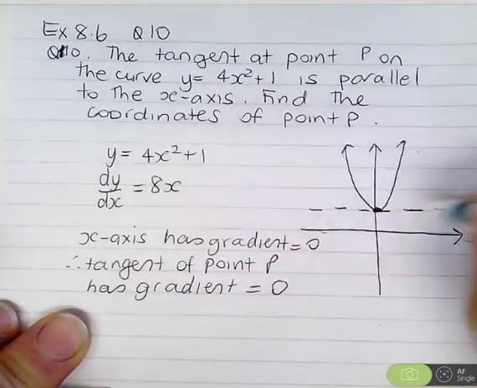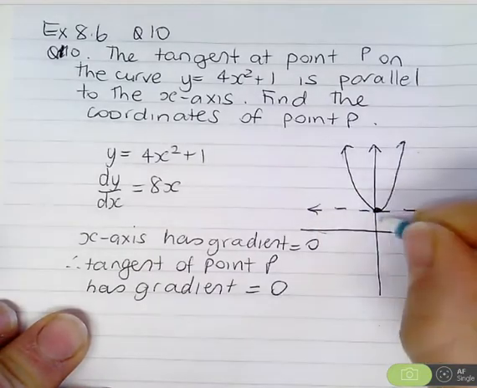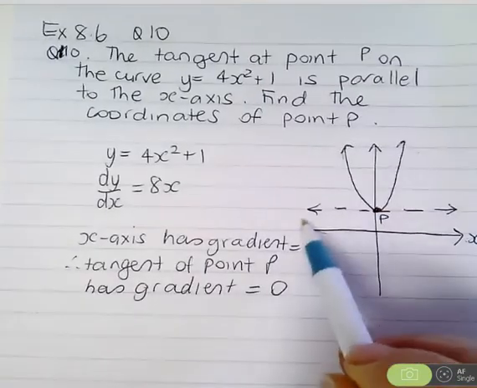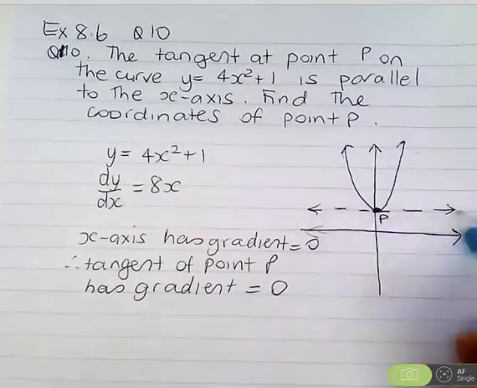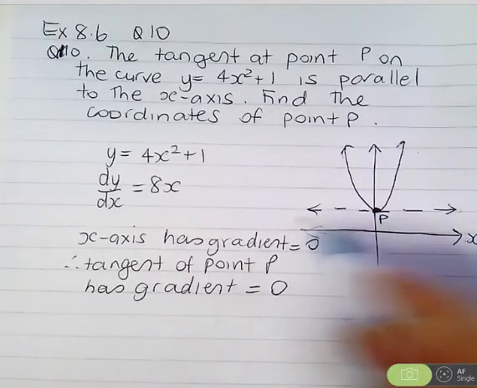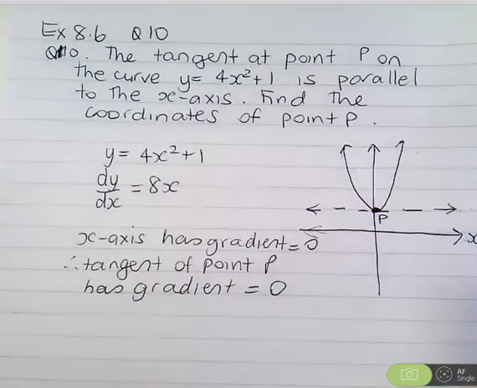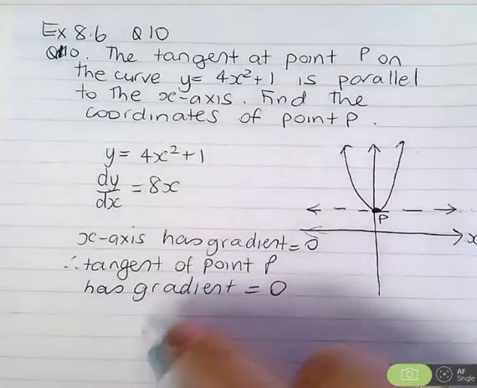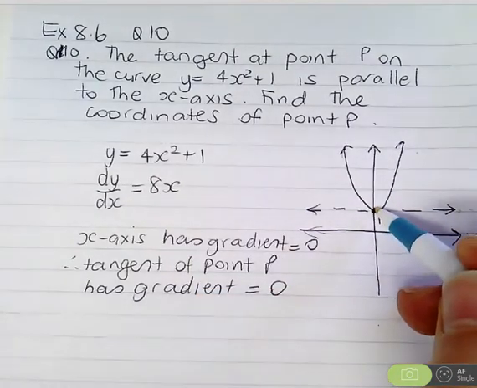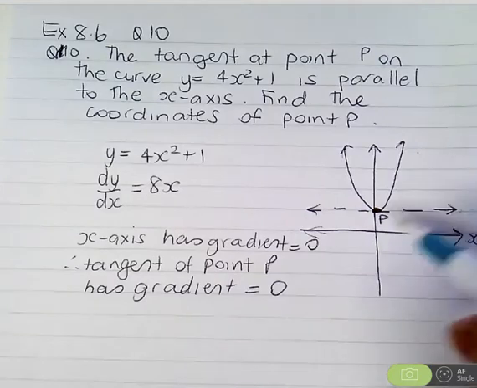Okay? If it's parallel to the x-axis, then that tangent at point P will have to be down here. So the tangent at point P will have gradient 0 as well. And we need the coordinates of P. I can actually already see them. The coordinates of P are 0, 1.